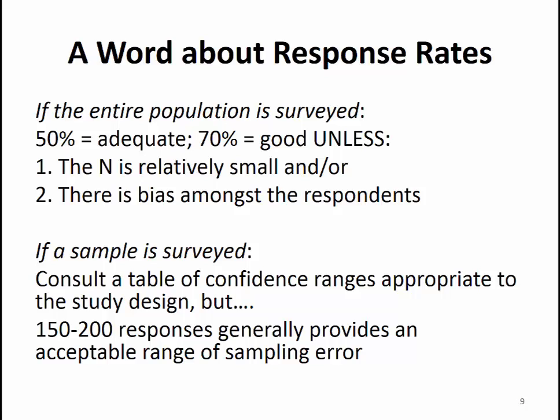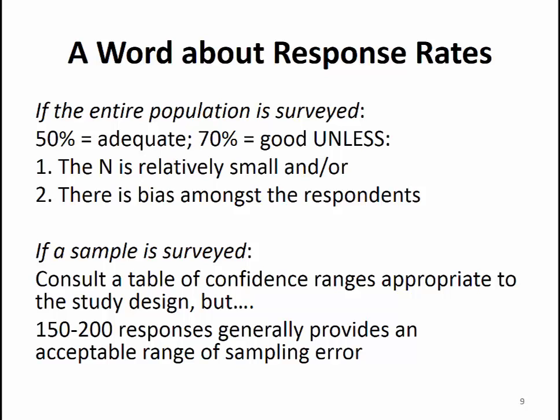This is overly simplistic because the population as a whole could be rather small. On the other hand, a low response rate, let's say less than 50%, could be fine if the population is large, as long as there is no reason to believe that those who did respond represented a part of the population indicating a bias of some sort.